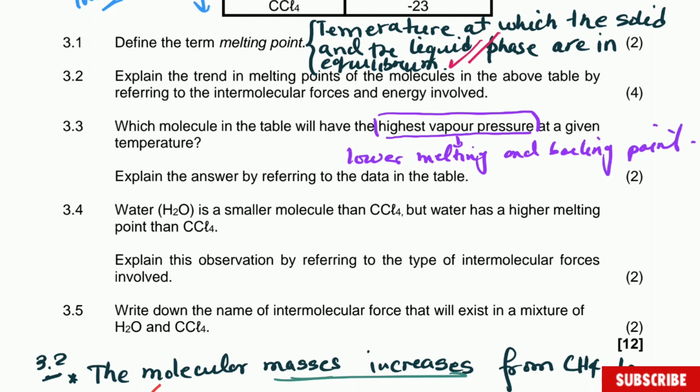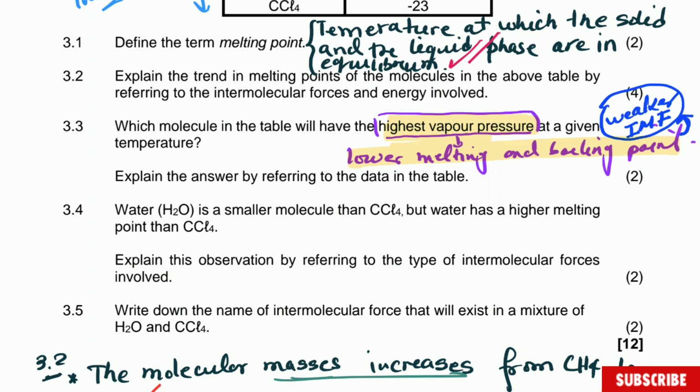And this is a very important thing to have to learn. Higher vapor pressure, lower melting and boiling point. And even more, weaker intermolecular forces. I'm going to write it in symbols like this. That is important, okay? So that is very, very important.